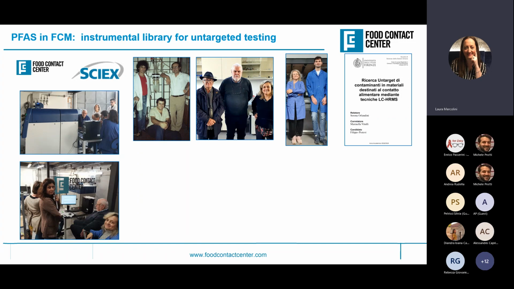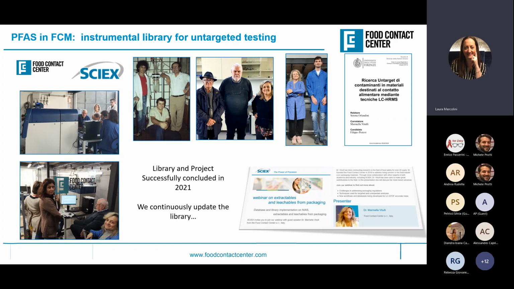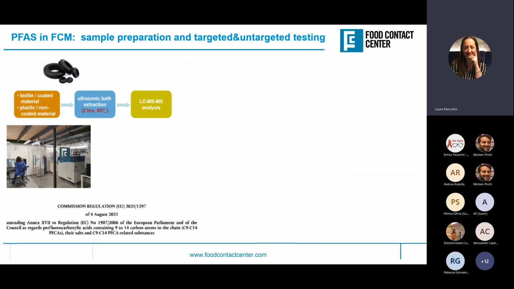So finally we completed the project, and we released the library, and internally we continuously update it. We have 2 resources dedicated to the continuous improvement of this library.